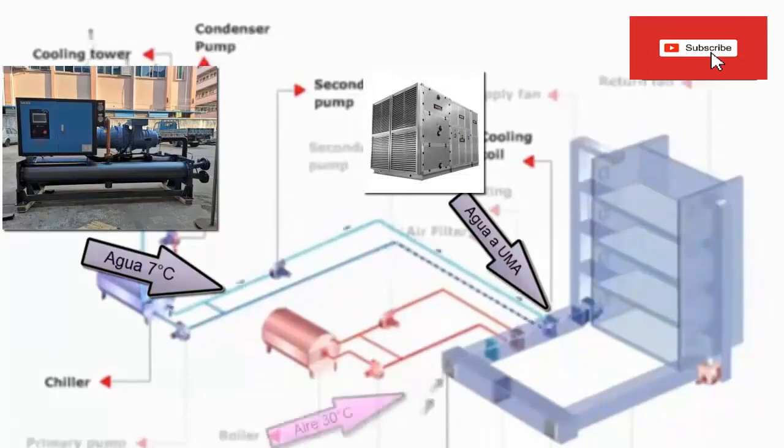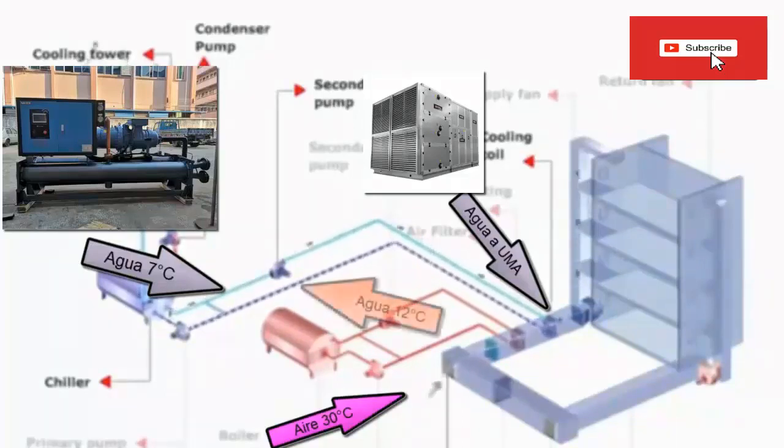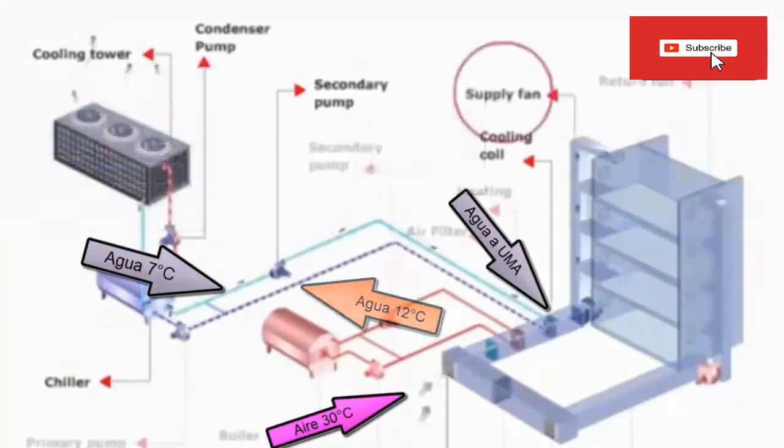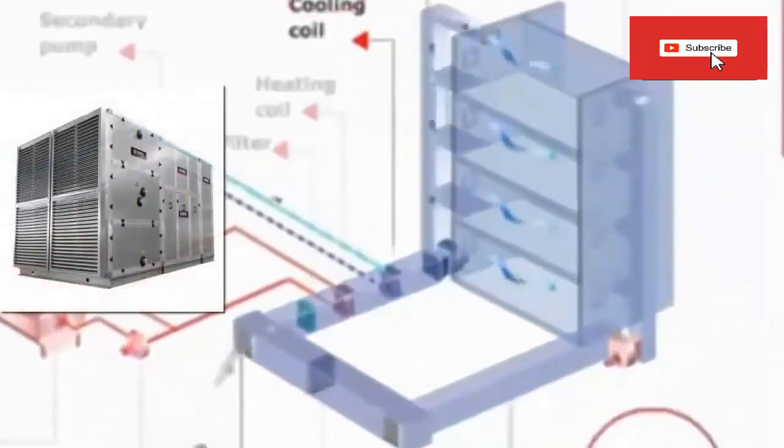The air from the outside, for example at 30 degrees Celsius, enters the ducts and the heat exchanger. The water returns to the chiller at a temperature of 12 degrees Celsius. The air is cooled, for example to 12 degrees Celsius, and is sent by the AHU to the building's ducts.